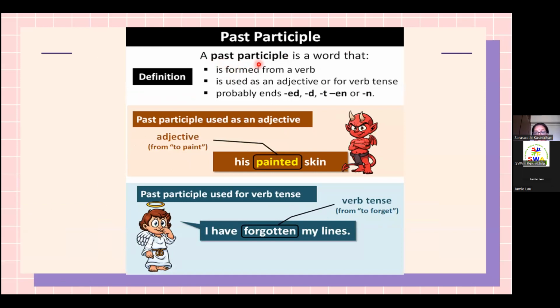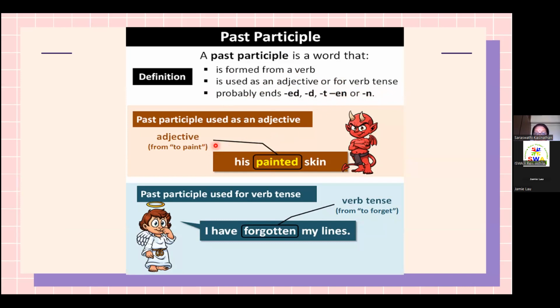It's a word that is formed from a verb, so the root word is a verb. It can be used as an adjective or a verb tense, and normally it ends with ed, d, t, en, or n. In this case, the word is fallen.